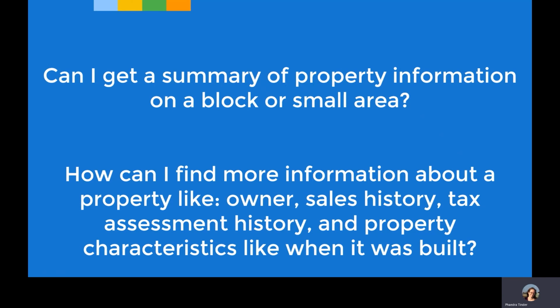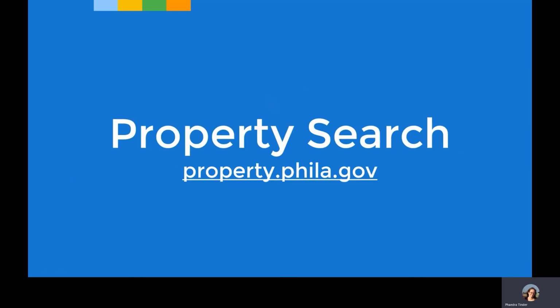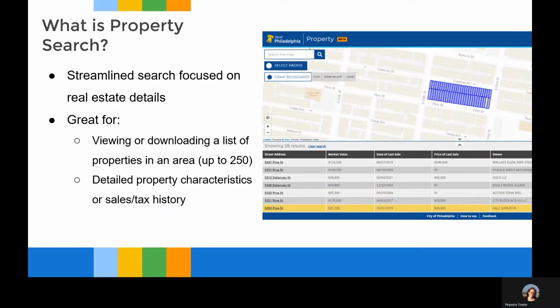Or the information you're looking for is detailed property information, such as past ownership, tax assessment history, and some detailed property characteristics like when it was built. The place you want to go for this is property search. And the property search is really focused on this real estate data.